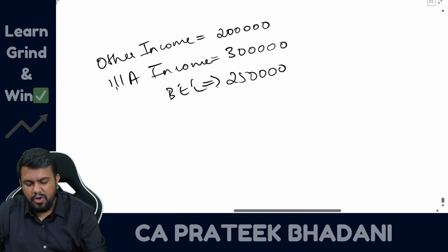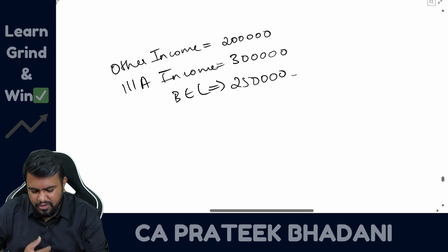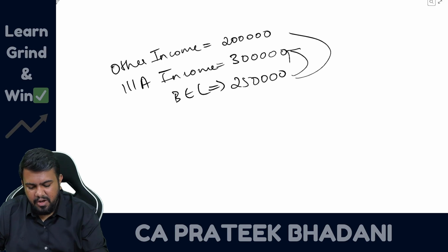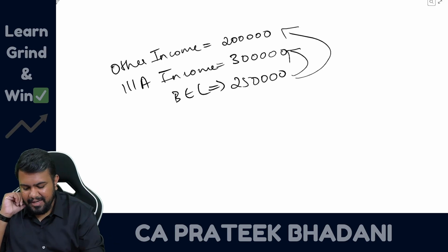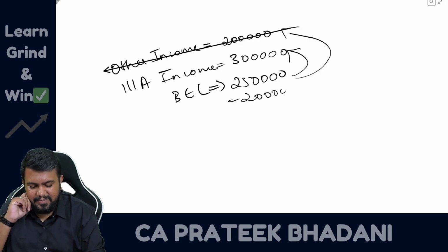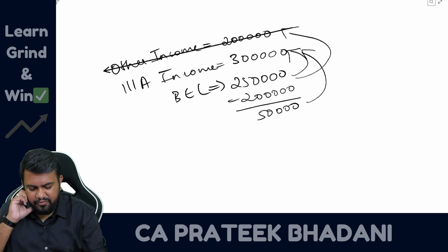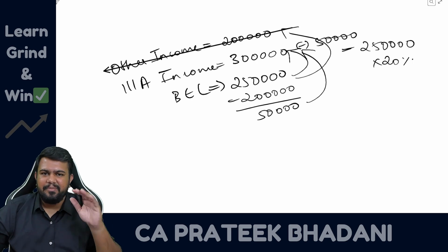Always first you should use basic exemption limit against other income, so you use the 2 lakh rupees. Balance basic exemption limit is 50,000. This balance you use against 111A income. So 50,000 you reduce. So taxable 111A income will be 2,50,000 multiplied by 20%. If at all there is rebate, then rebate also can be reduced.